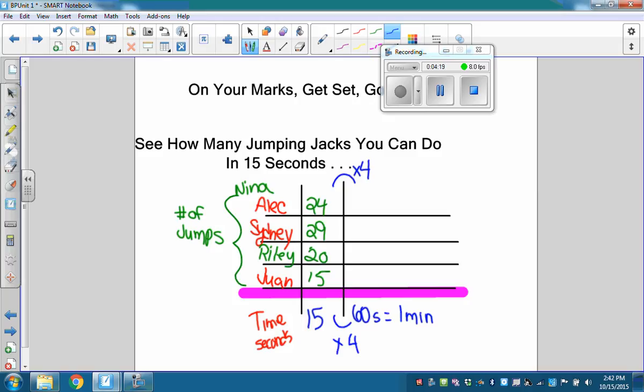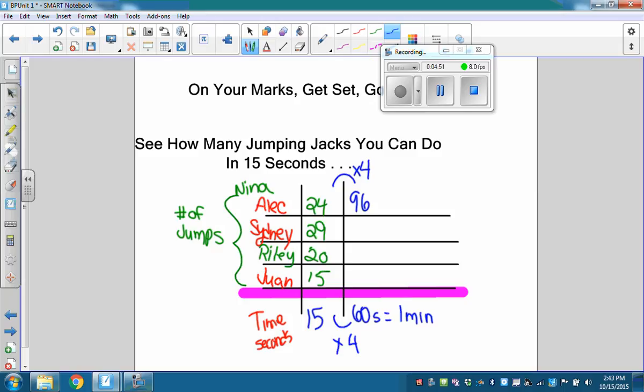So Alec, I would have to take 24 and multiply by 4. How about practice mental math? What's 4 times 20? 80. And then 4 times 9. 36.